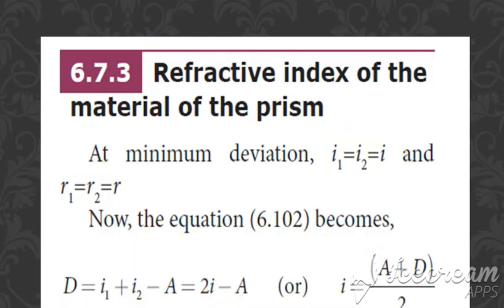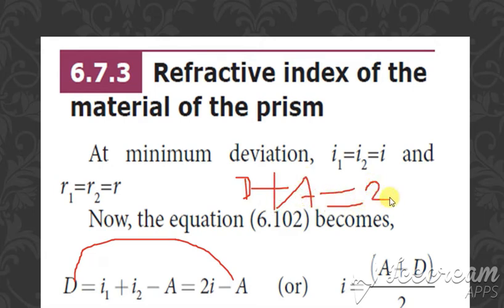Now bring this A to the other side. We get D plus A equal to 2i. If you bring this 2 down, this can be written as i is equal to (A plus D) divided by 2.